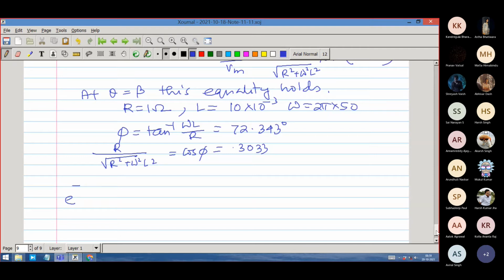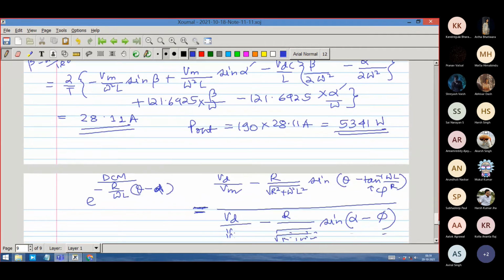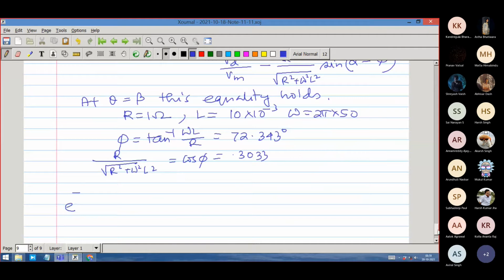So overall, the expression is e to the power minus R by omega L times theta minus alpha, so that is 0.3183 into beta minus 35.775 degrees, multiplied by pi by 180 just to have it in radians.